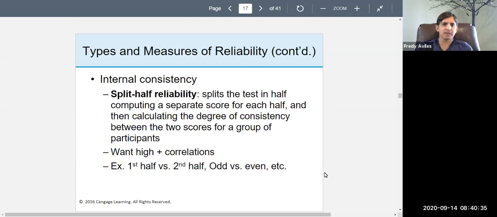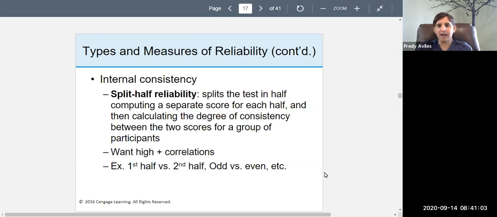You could also demonstrate what's called internal consistency. Another form of reliability is called split half reliability. All you do is split the test in half. You give participants the first half, and then sometime later you give them the second half, and then you see to what extent the scores on the first half are similar to the scores on the second half. That's split half reliability.